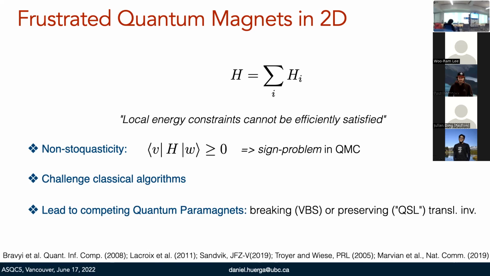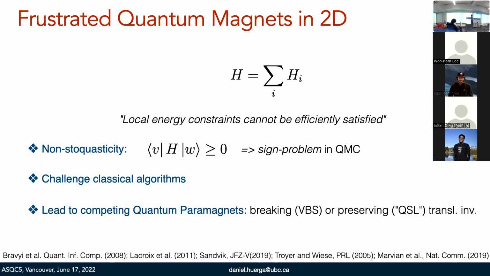So this sign problem makes it NP hard, even finding a proper basis to mitigate it, because this is a basis-dependent problem; it has recently been shown to be NP hard. So frustrated quantum magnets are an ideal arena to test these algorithms, as they pose, as you see, numerous challenges to classical algorithms.